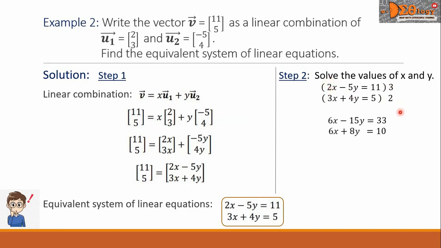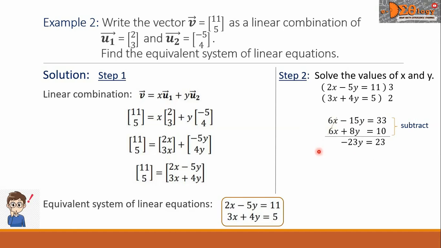So the first equation now becomes 6x minus 15y equals 33. The second equation is 6x plus 8y equals 10. We have here positive 6x and another positive 6x in the second equation. To eliminate this, we're going to subtract.